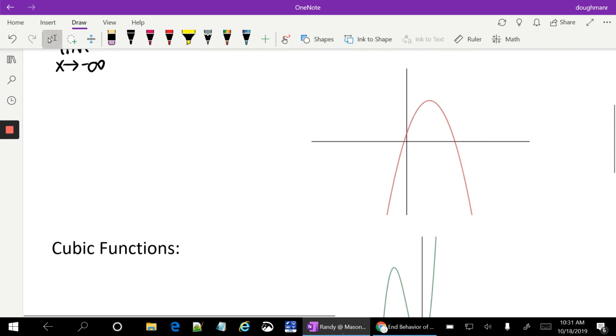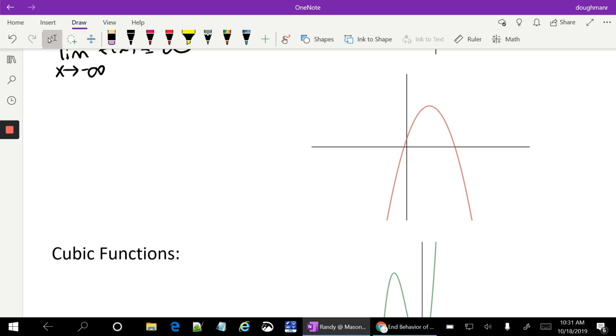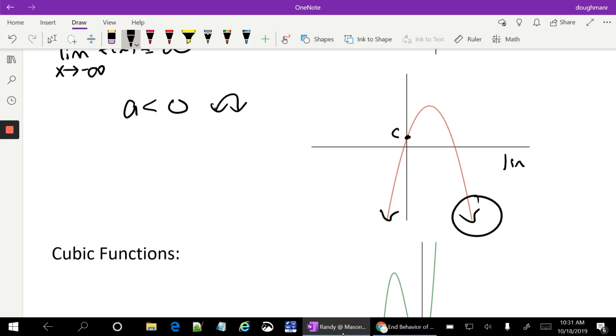Okay, looking at quadratic functions here, continuing on. In this case, since my parabola is opening down, we know that a, the leading coefficient, is less than 0. And then let's talk about this end behavior, noting before I even do that that the y-intercept is still c. So we're saying the limit, and we're looking at x going that way.